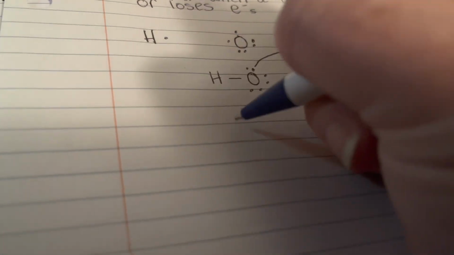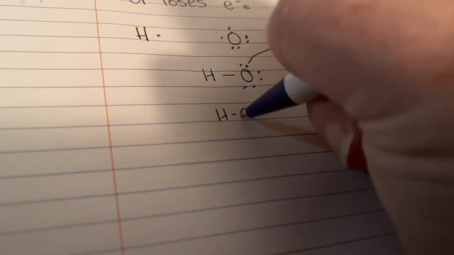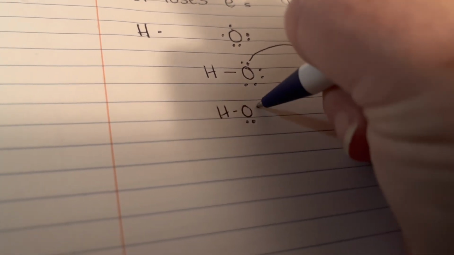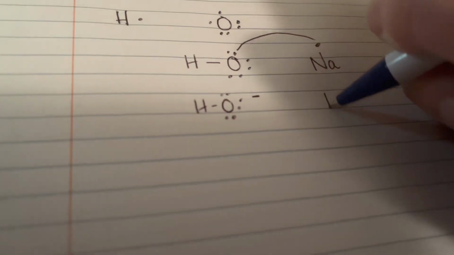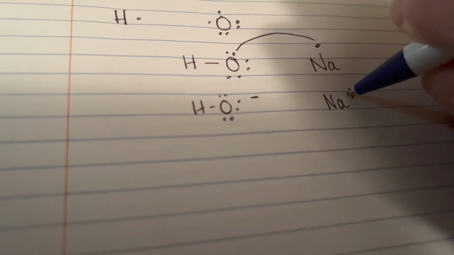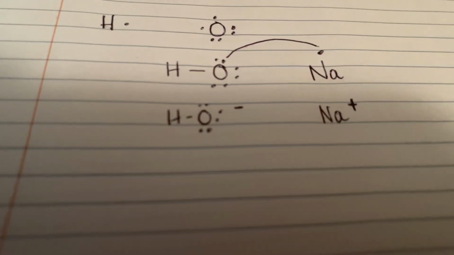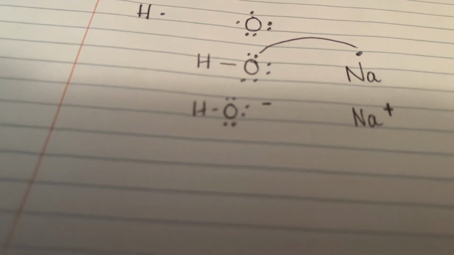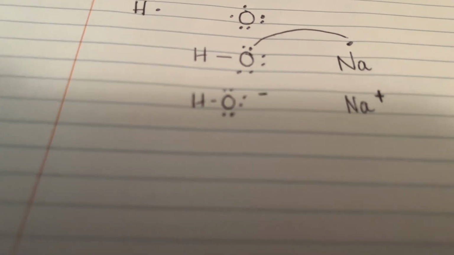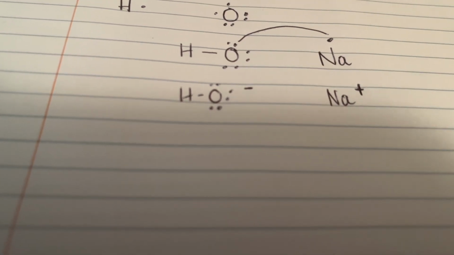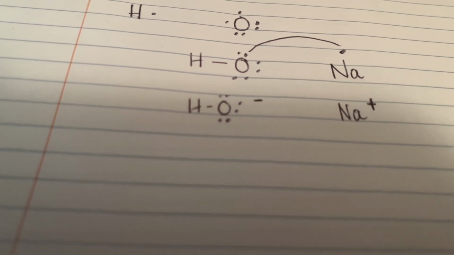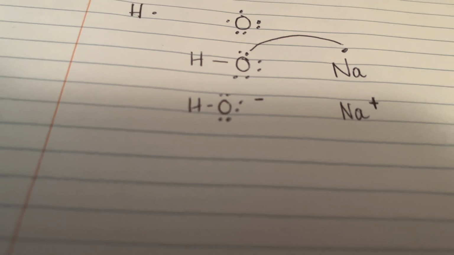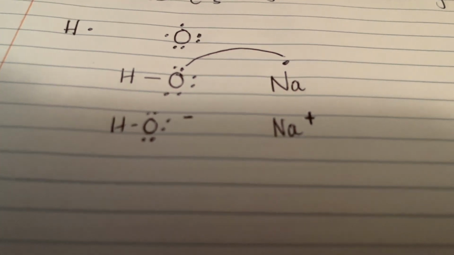So this now has a negative charge, right? It gained an electron. My sodium now has a positive charge, right? Because it lost an electron. So everyone's happy with their ideal electron configurations, and opposite charges are attracted to each other, so everyone's happy with that, okay?